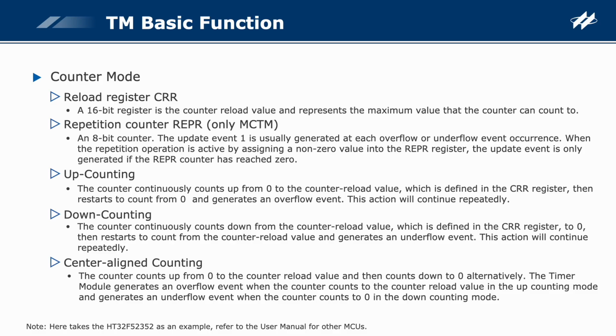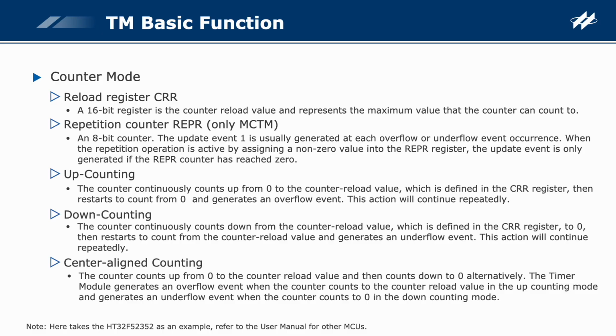Only the MCTM has a repetition counter. It is an 8-bit counter. The update event 1 is usually generated at each overflow or underflow event occurrence. When the repetition operation is active by assigning a non-zero value into the REPR register, the update event is only generated if the REPR counter has reached 0.